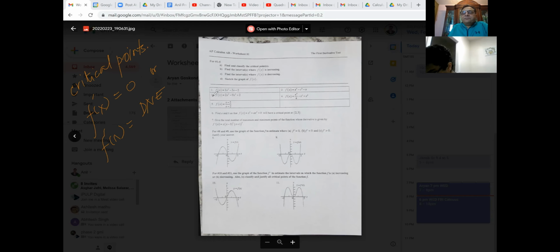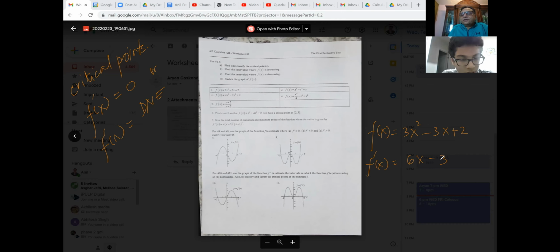So let's take the first example, which is f of x equals 3x squared minus 3x plus 2. So the derivative will be 6x minus 3. When is it 0? So we'll equate this to 0. So x is equal to half, correct?